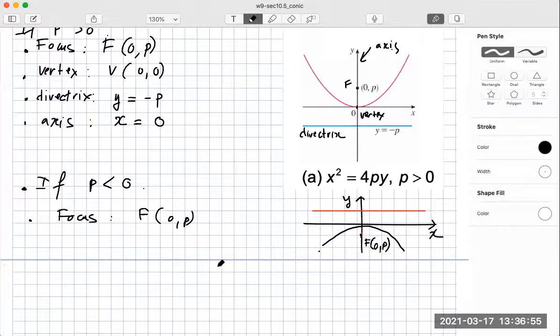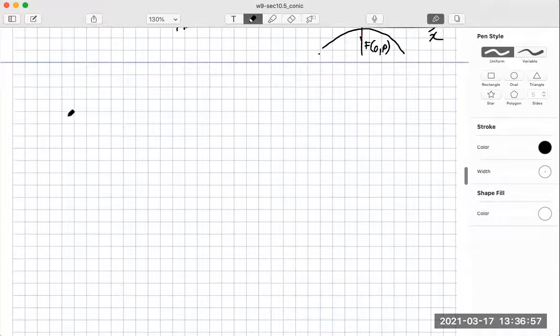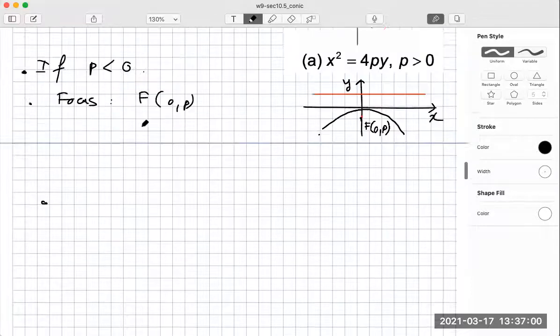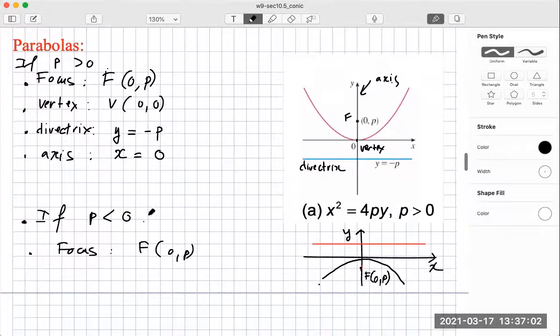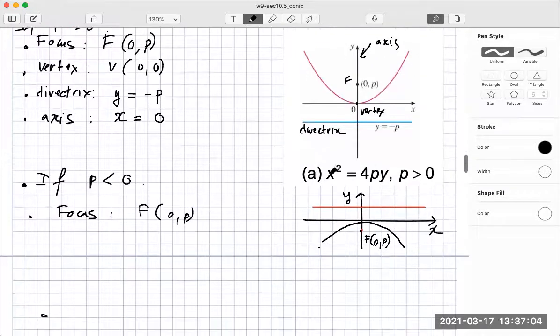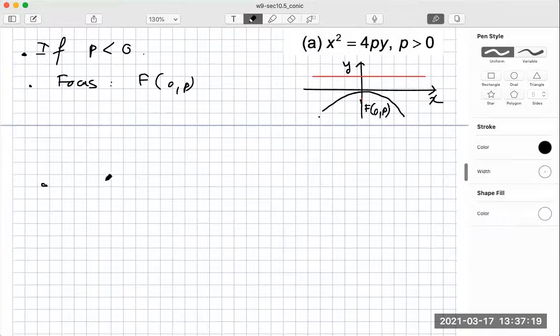And similarly, look at this, because here we have x squared, right? The equation of this is x squared is equal to 4py. So it is symmetric with respect to the y-axis, because no matter positive or negative x, it gives us the same value, right? How about if the equation is y squared is equal to, let us say, 4px, right?